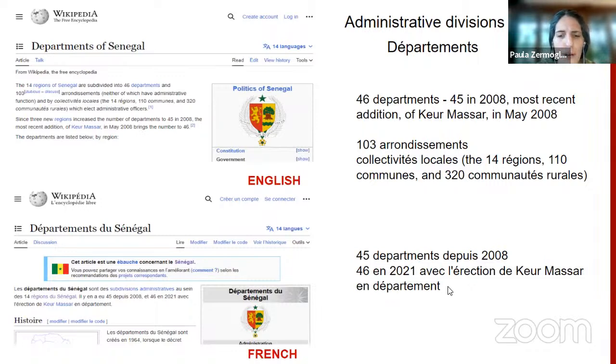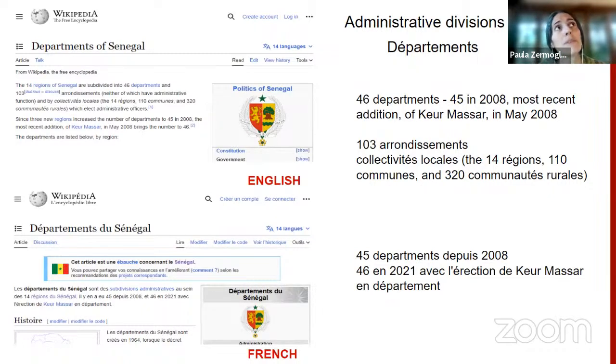So if we were to georeference a locality that has this department, Kermassar, and we had the date, we would have to look for the actual official information to see when this department was actually established, because we have information that is completely inconsistent between these pages.